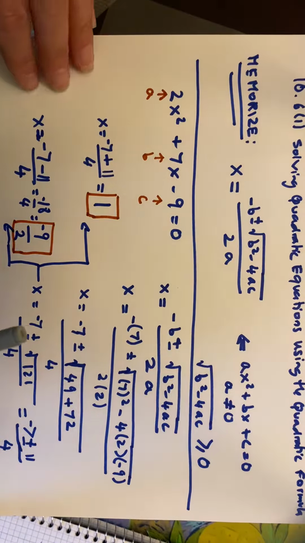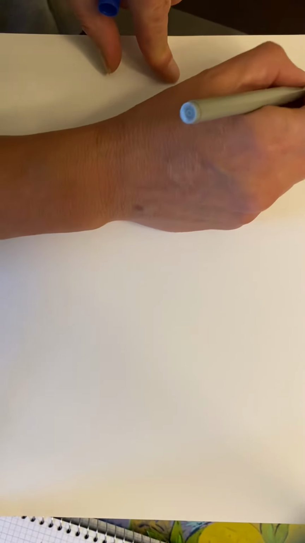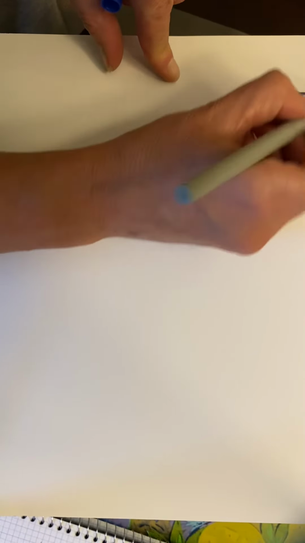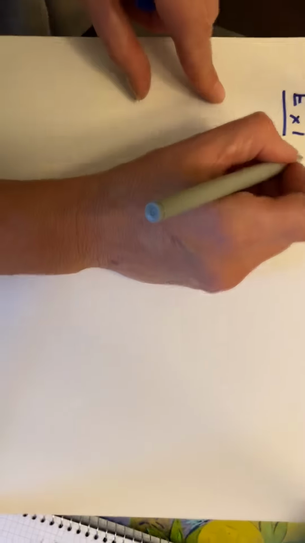Okay, let me now do the example in the book so that we get some practice with this. Example 1 says, 3x squared plus 5x equals 8.